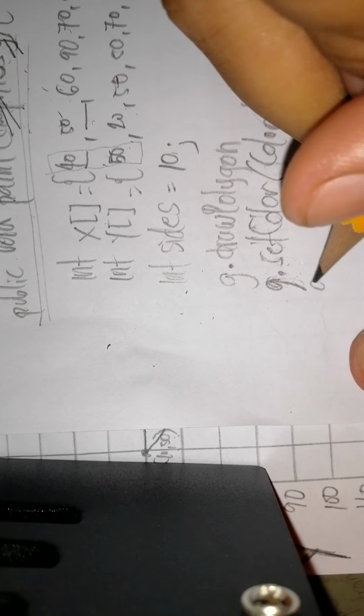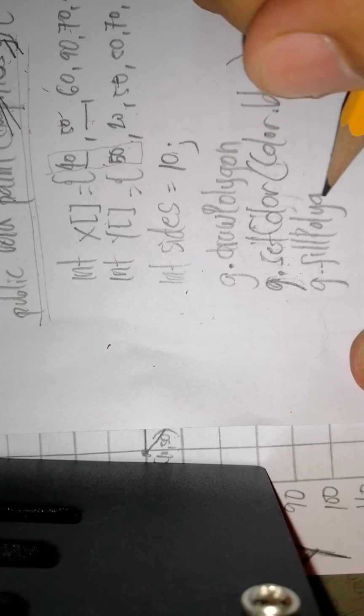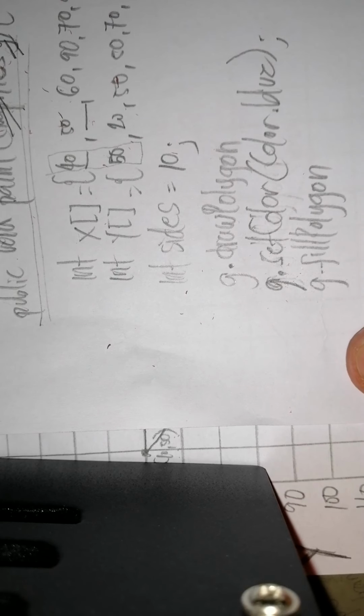Okay, then we have g.fillPolygon. Para alam natin na kulay blue yung ginagawa nating polygon. Then we have x, okay, y, and sides for the declaration of polygon. Then from the draw polygon, so same. So same lang din naman sila.